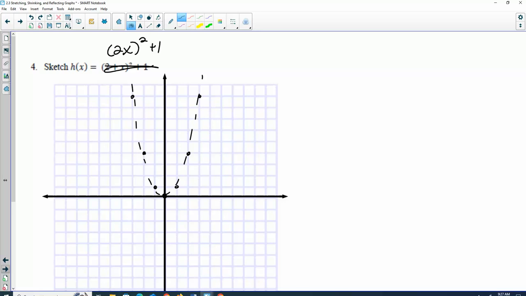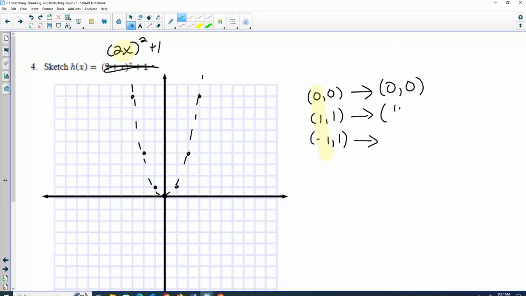So inside changes x and does the opposite of what it says. So times 2, the opposite of multiplying by 2 is dividing. So 0 divided by 2 is still 0. 1 divided by 2 is 1 half. Okay, negative 1 divided by 2 is negative 1 half.